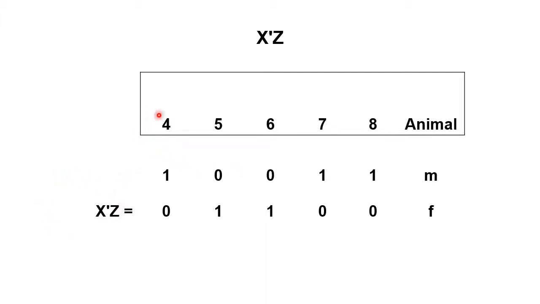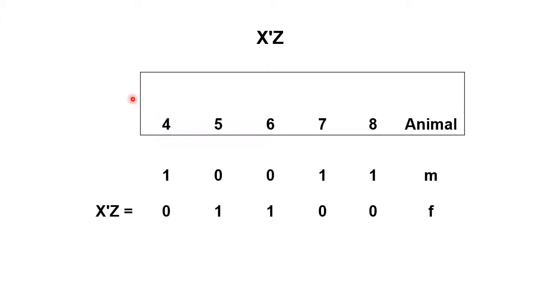So animal 4 had an observation. It was weighed, and it's a male, so it's in the male row. Animals 5 and 6 were 2 females, that's why they have 1s in the female row. And animals 7 and 8 were males, that's why they have 1s in the male row.